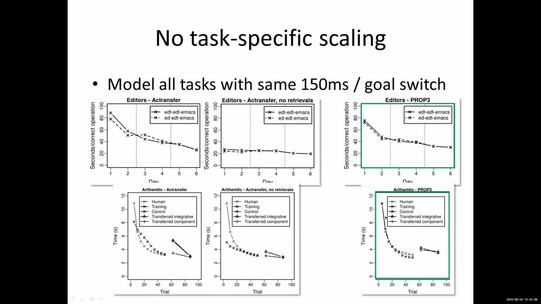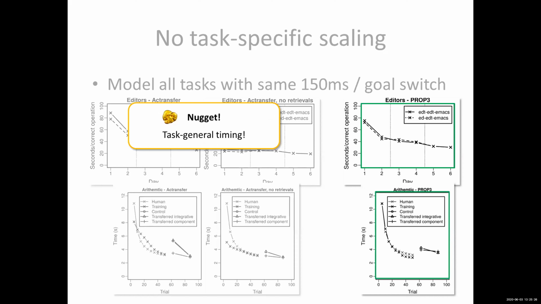For the arithmetic agent, we actually even get an improved model of the learning curve compared to what Actransfer had. So this is significant and kind of unexpected and cool that this happened to work just by making this change of how you treat problem spaces. So this is our second big nugget. You can get task general timing approach for modeling human learning just by using Soar's natural problem space theory.